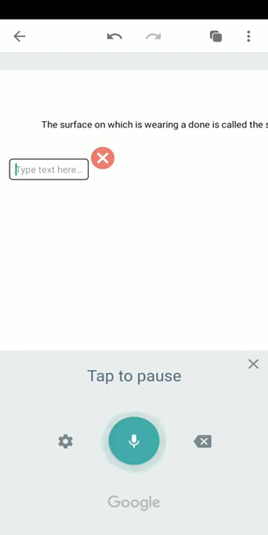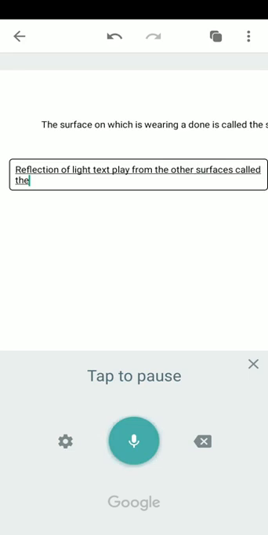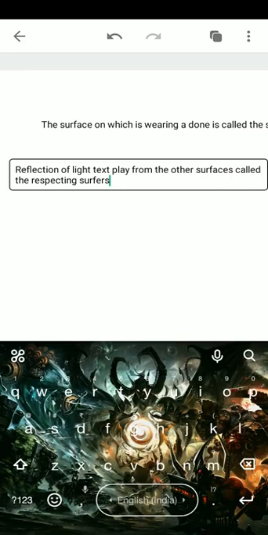The reflection of light takes place from the other surface, which is called the reflecting surface.